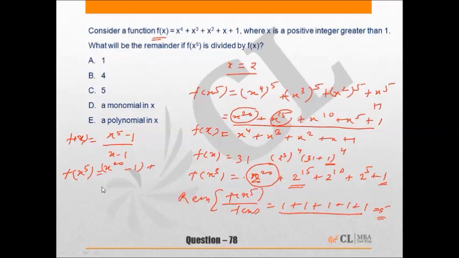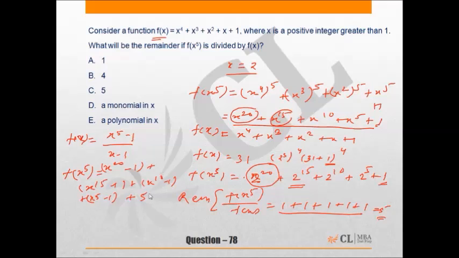So it can be written like this: x raised to power 20 minus 1, x raised to power 15 minus 1, plus x raised to power 10 minus 1, plus x raised to power 5 minus 1, plus 5, and we have subtracted 4 in course of subtracting 1 from each of the terms that contain x, so we need to add 4.